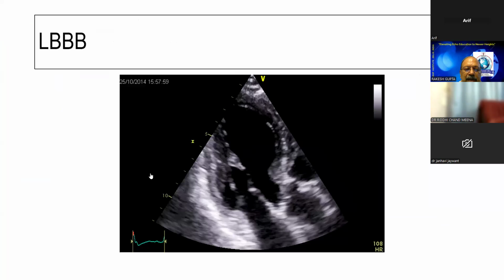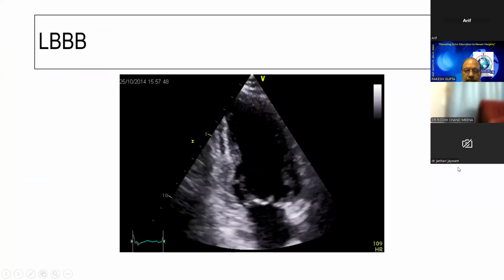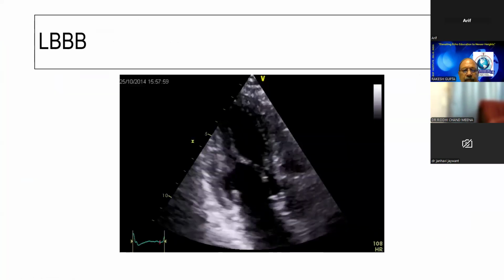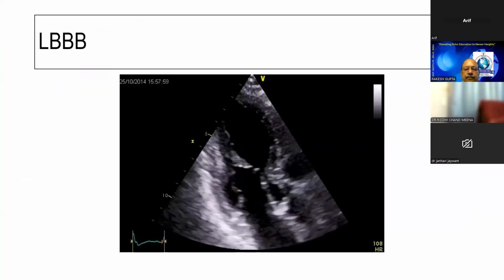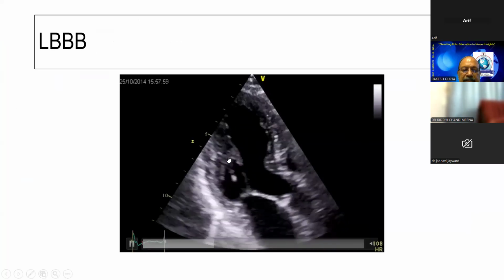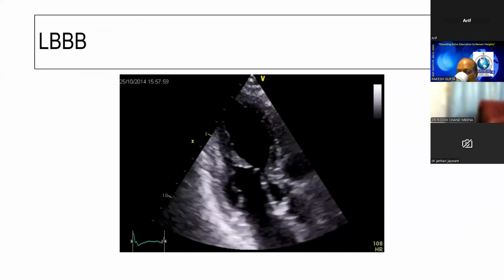This is for Dr. Ravi Bala Mahajan. Septum. This is the inferior wall. This is not posterior. This is a three-chamber view, but this is the posterior wall, inferior wall.